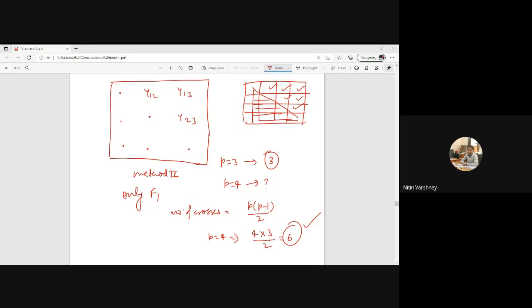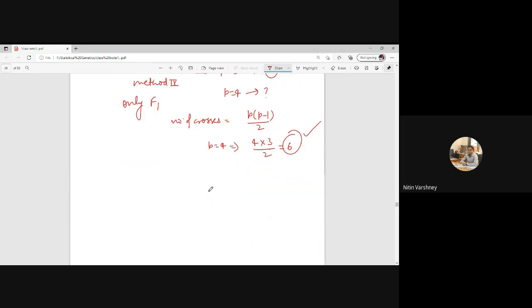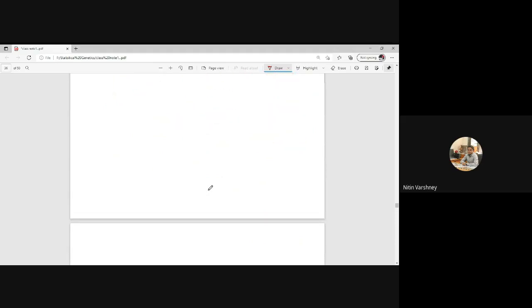Okay. Now we will move to another aspect of diallel crosses.